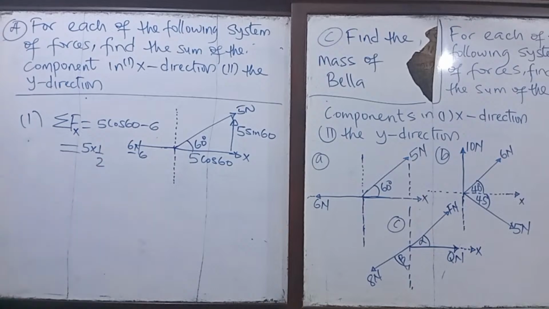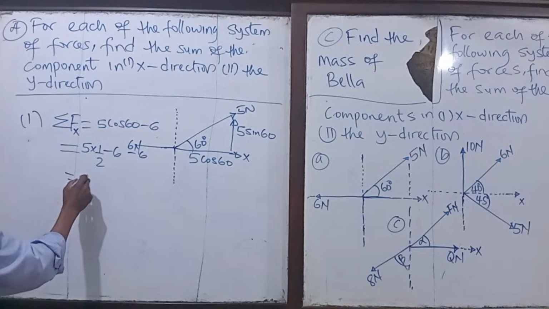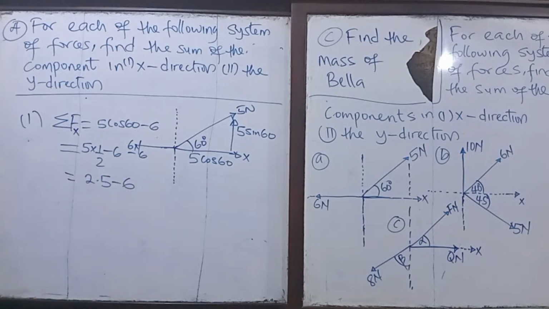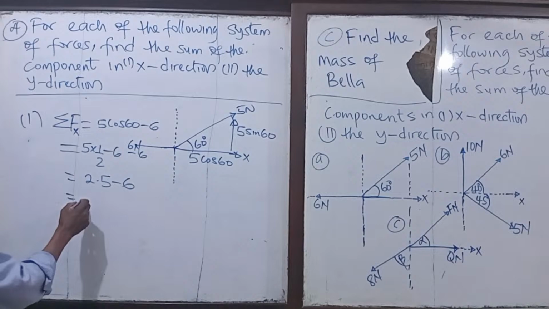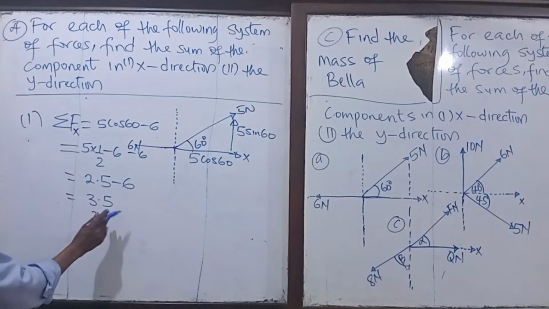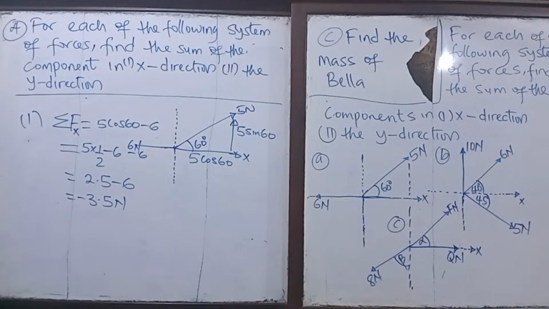Then minus 6. So that's 2.5 minus 6, the summation of the forces along the horizontal, and that will give us minus 3.5.